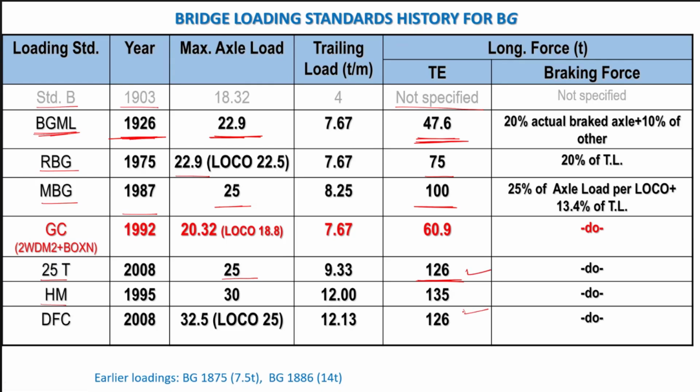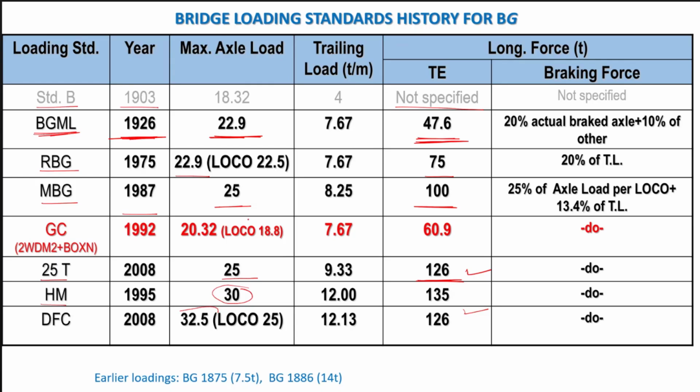You can see that the tractive force on DFC and 25 ton is the same. In fact, in 1995 HM loading also came for heavy mineral loading. It was for mineral sites, but DFC loading has been universalized for the 32.5 ton loading.